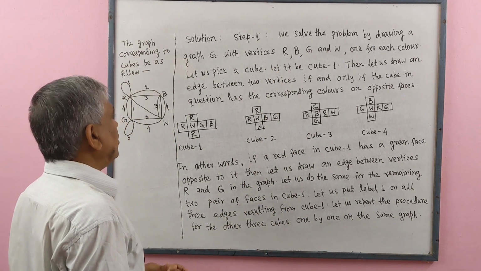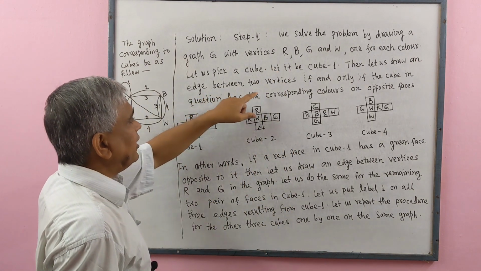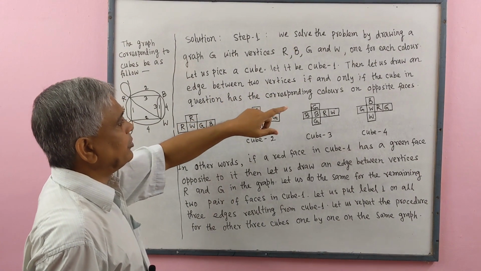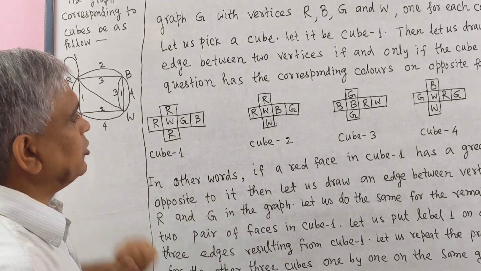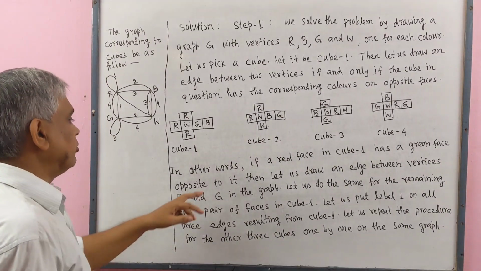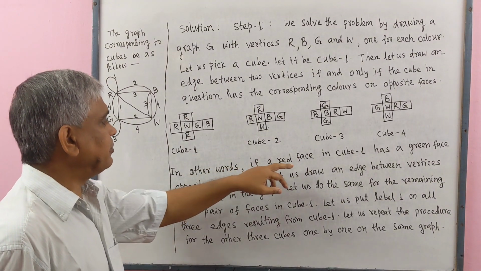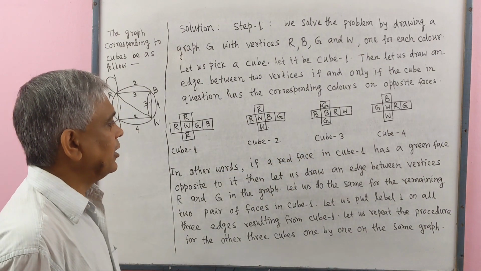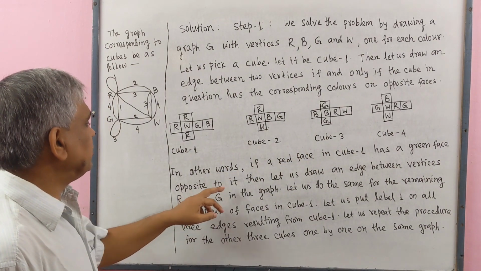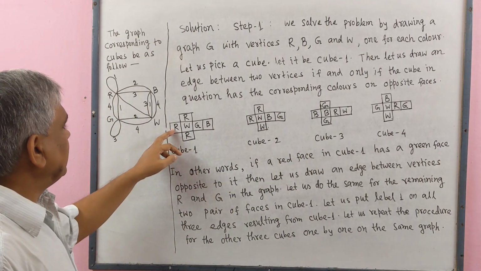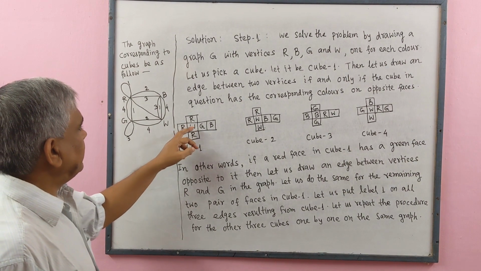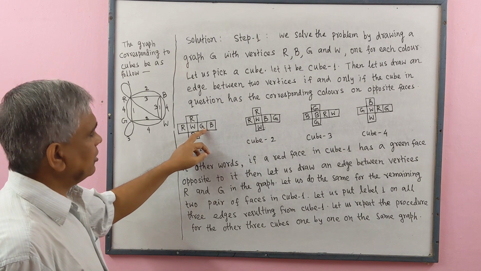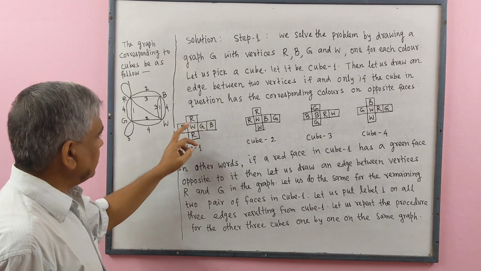Then let us draw an edge between two vertices if and only if the cube in question has the corresponding colors on opposite faces. In other words, if a red face in cube 1 has a green face opposite to it, here we see that the left face is red colored and the right face is green colored.